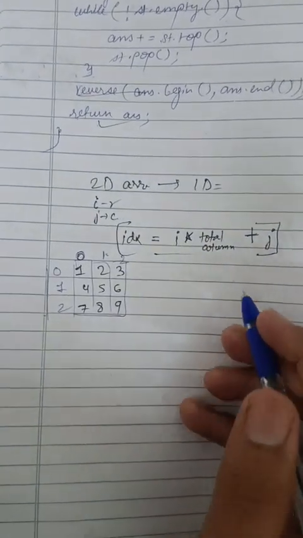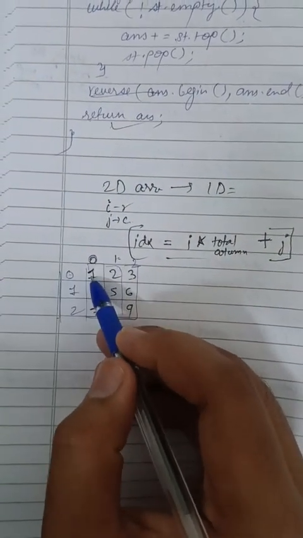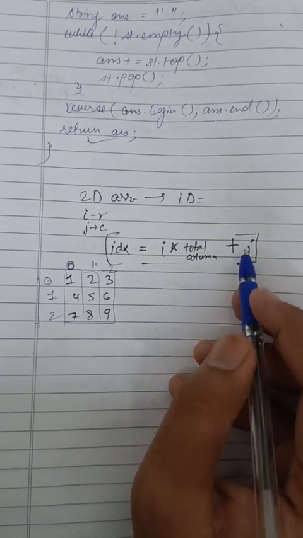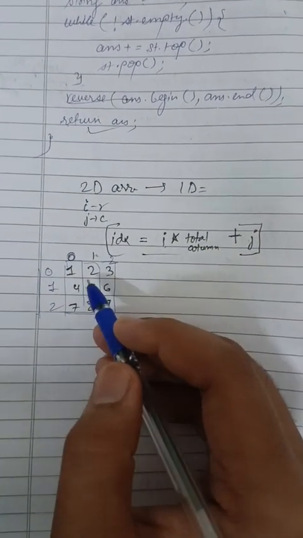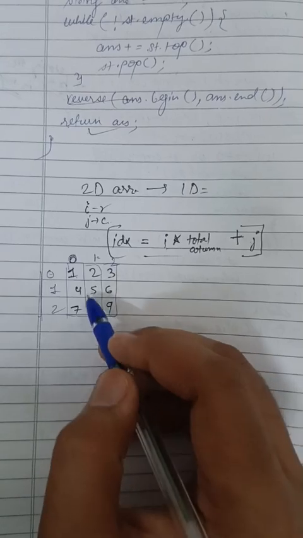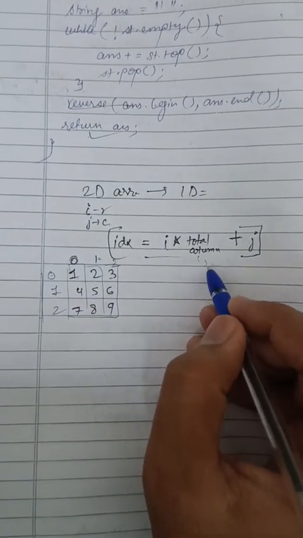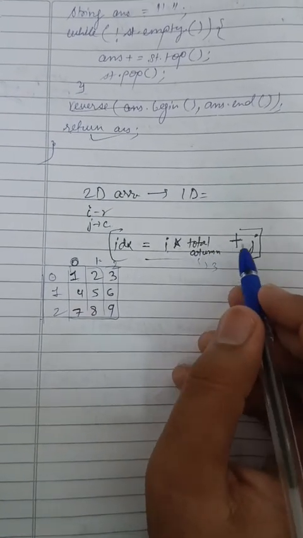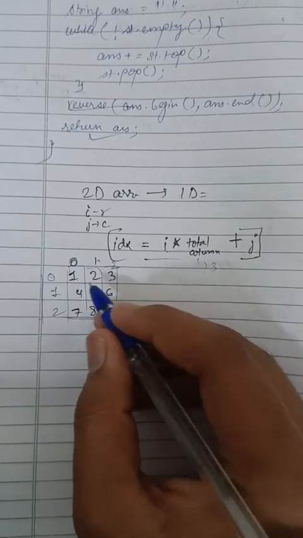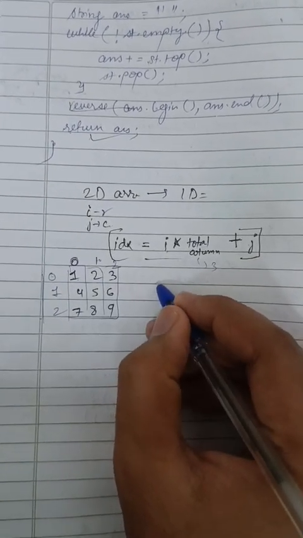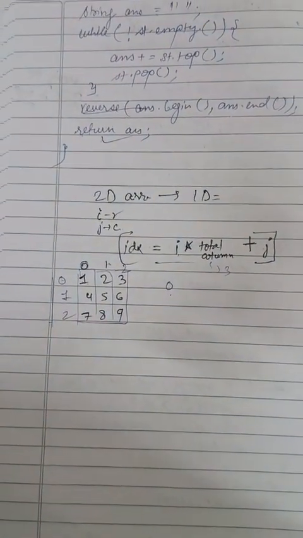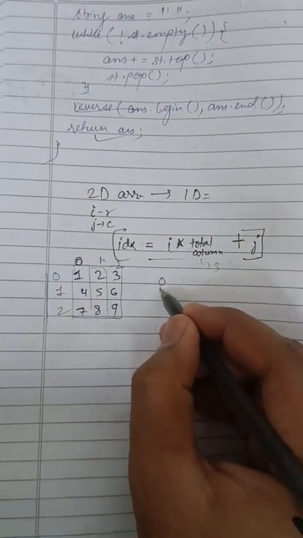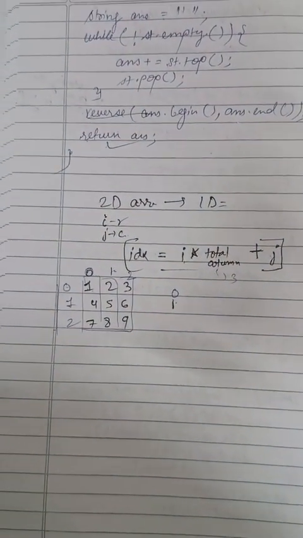Let's convert it. For 0 comma 0, i equals 0, j equals 0. Total columns is 1, 2 and 3, so total columns here is 3. So 0 into 3 plus 0 is 0. So 0 comma 0 will come at the 0th position, and the element is 1.